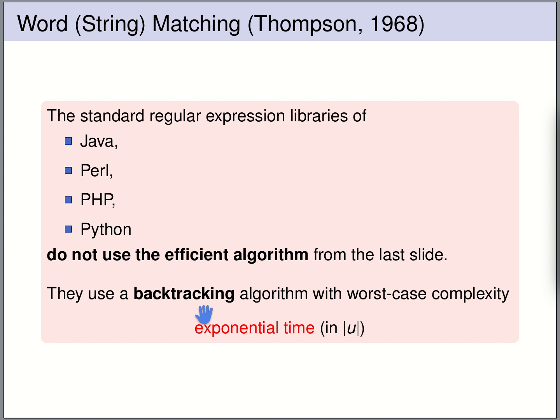And comparing subwords to be the same is not possible with purely regular languages. Nevertheless, if you want to use just regular expressions for matching subwords, then you should be careful what libraries you're using. If you choose the right libraries that use the efficient algorithms, then you can be much faster.